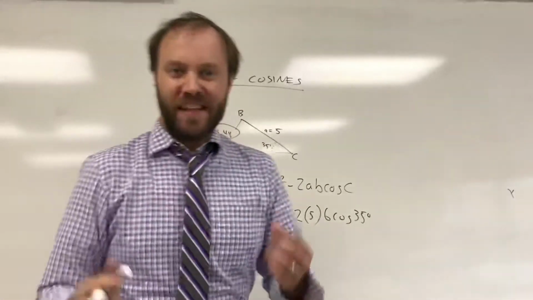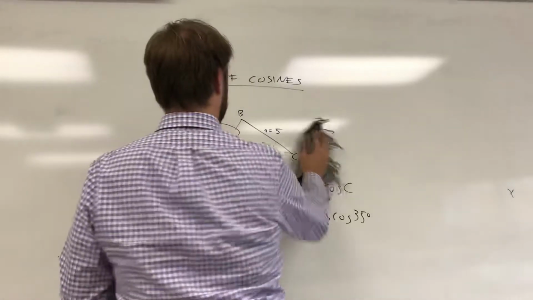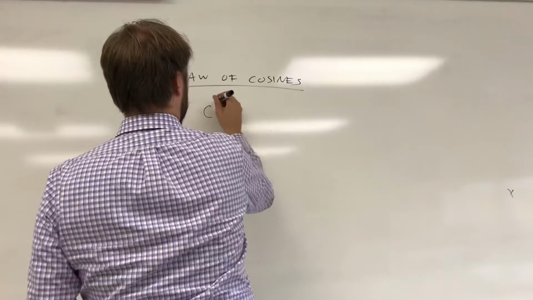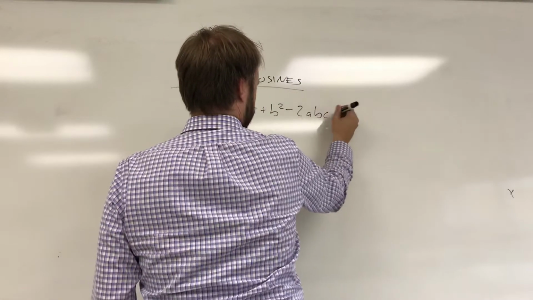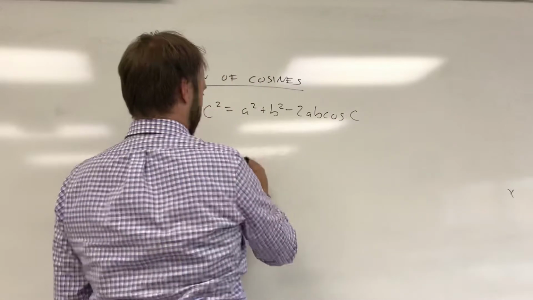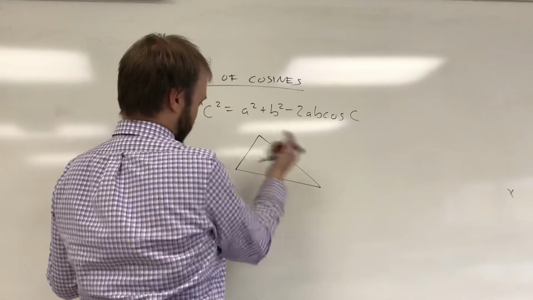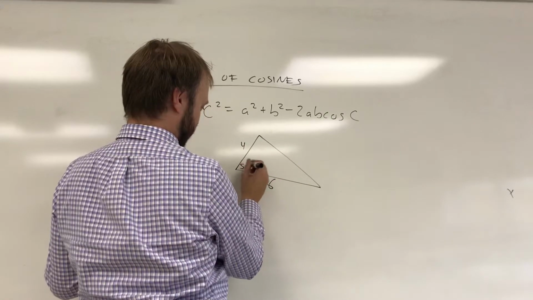Okay, so that's how the law of cosines works. Let's take a look at two more examples here. All right, so again, c squared is equal to a squared plus b squared minus 2ab cosine of c. Okay, so kind of typical type of example here. Let's say I give you this side is 4, and this side is 6, and this is a 55-degree angle.